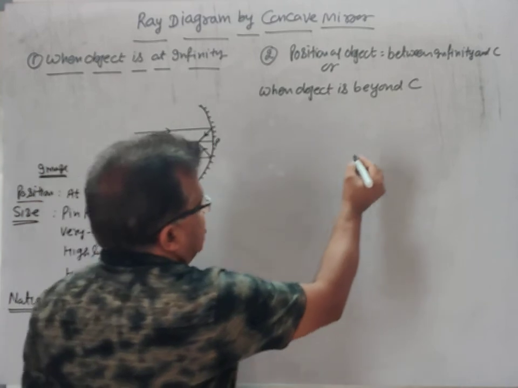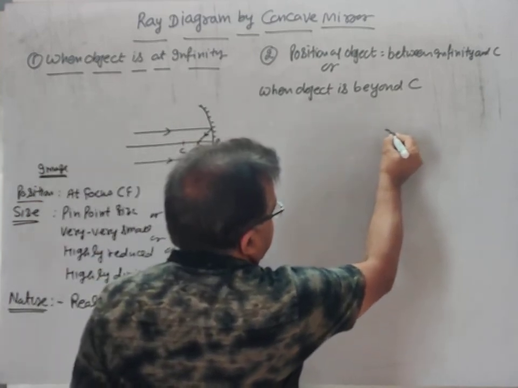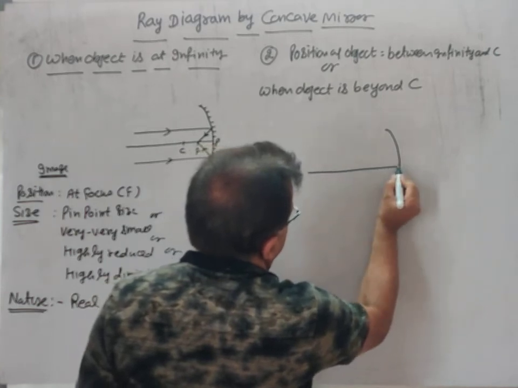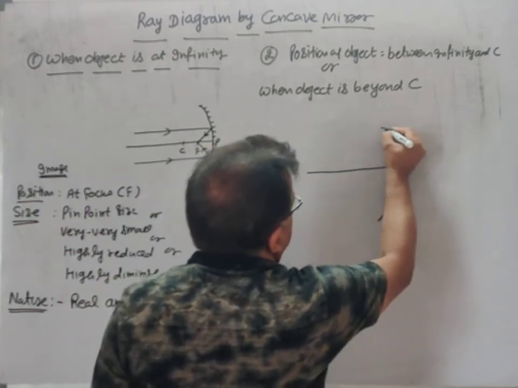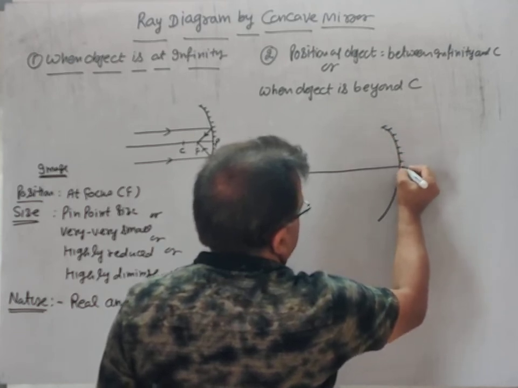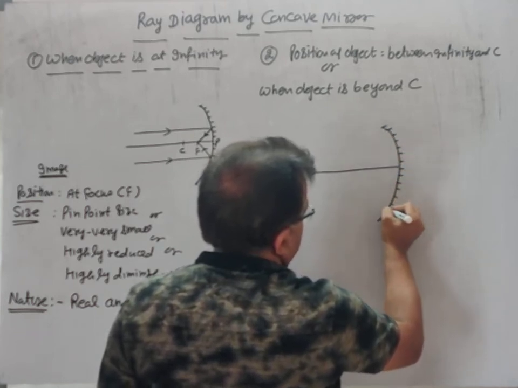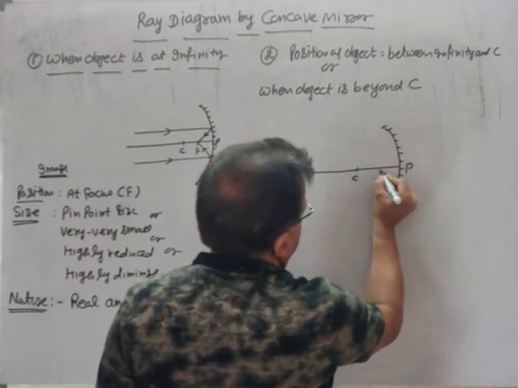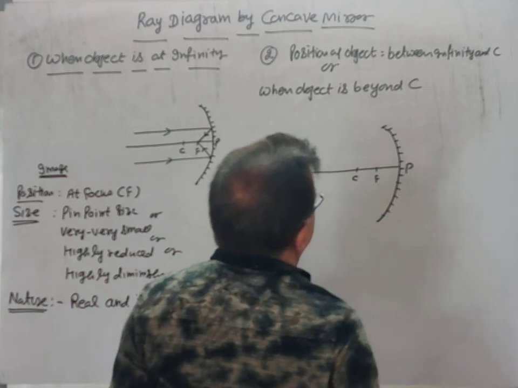Now its image. It is the pole, center of curvature, principal focus.